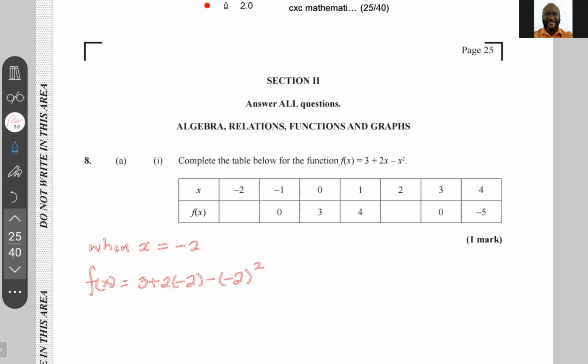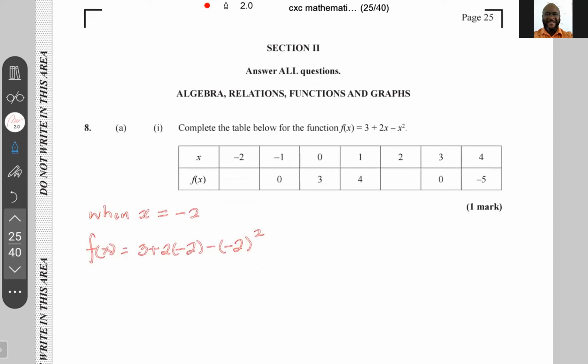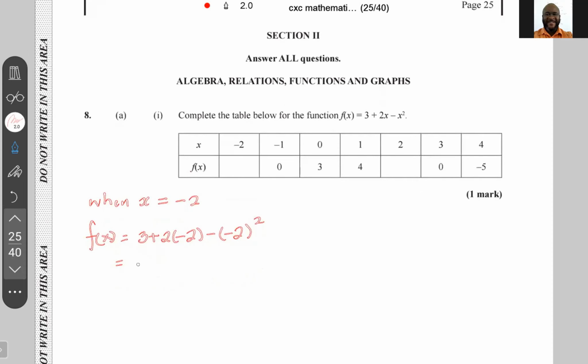I simply replace x with minus 2. So this is 3. A positive times a negative is a negative, so this is negative 4. And here I'm multiplying 3 negatives, so it's negative 4 again. This looks like it's 3 minus 8. This is minus 5. So the value here is minus 5.